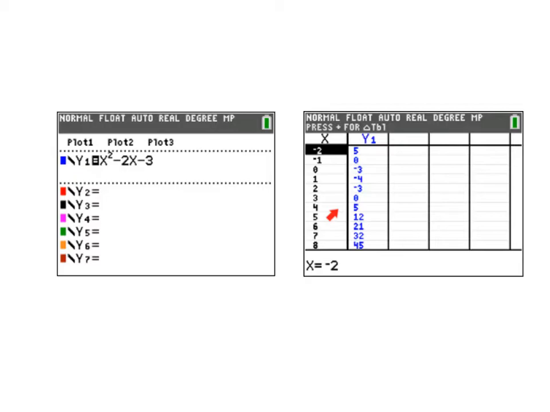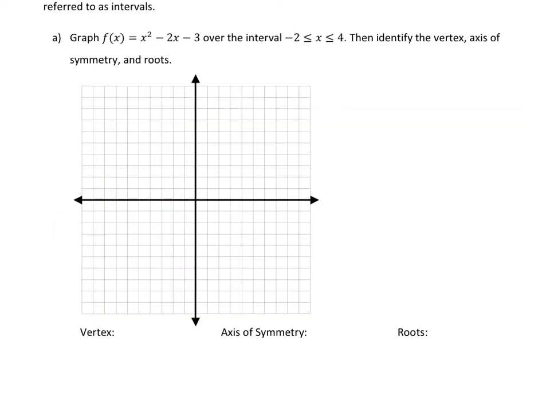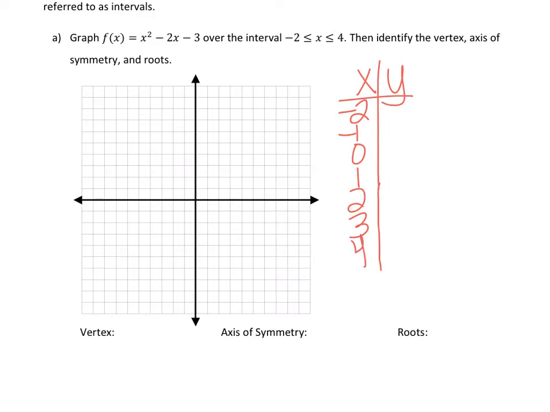We're going to show our work. We're going to just copy down this portion of the table only. So let's go ahead and do that. Okay, it's no longer on my screen, but it should still be on your calculator. To show our work here, we're going to draw a table. We're going to go from negative 2 to positive 4. You could write a little bit smaller on your paper. You don't have to use the whole space.